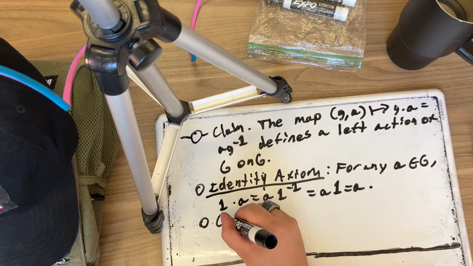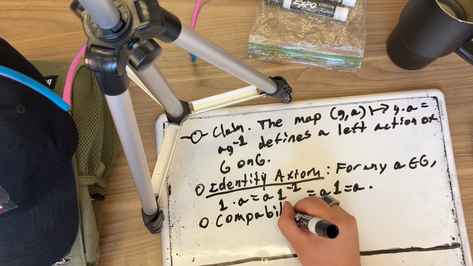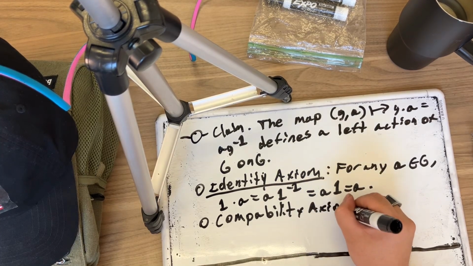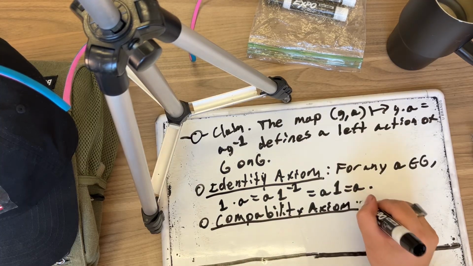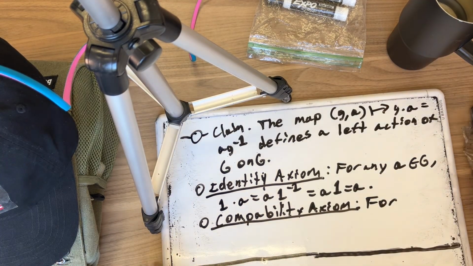Now let's look at the compatibility axiom, which is the main issue for the previous problem.